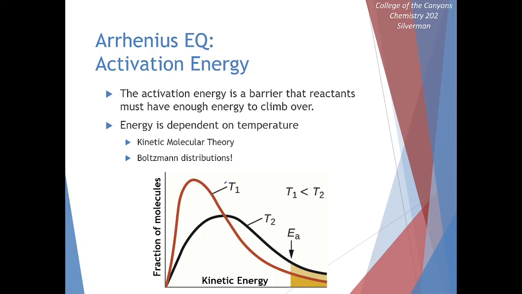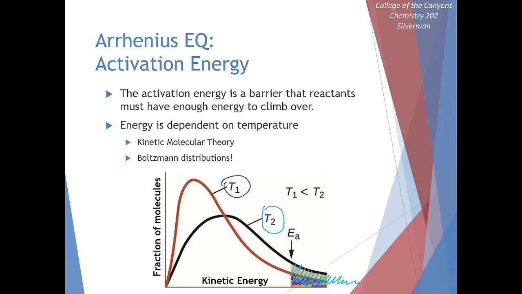When we have this colder sample of gas, these molecules are able to do our reaction. When we have our hotter sample of gas, these molecules are able to do our reaction. Right? Increasing the energy allows more of these reactions to occur.